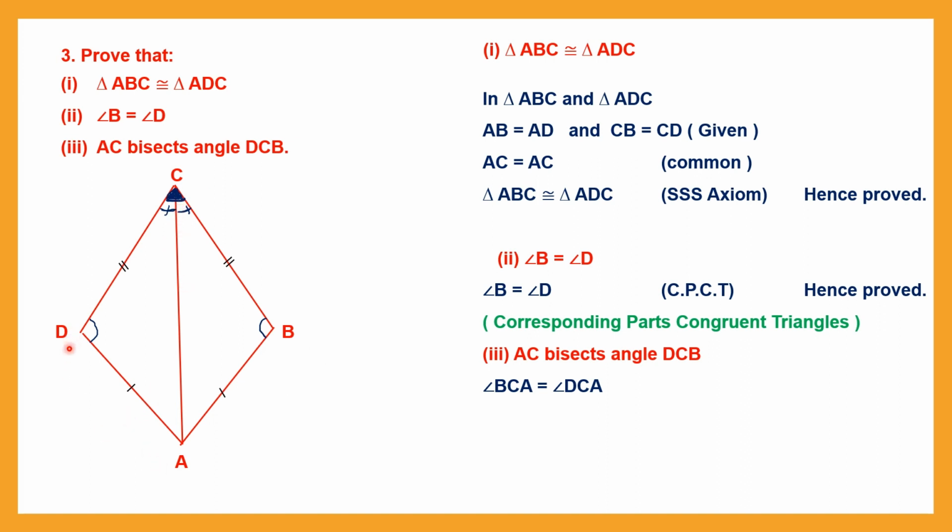Similarly here, angle DCA, they are equal. Okay, and therefore, AC bisects DCB. Because the two angles are equal, definitely this line in the middle is bisecting the angle into two equal parts. So we have proved that also, that AC bisects angle DCB. So that is also proved.